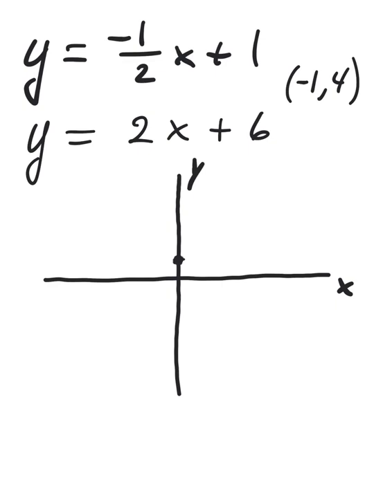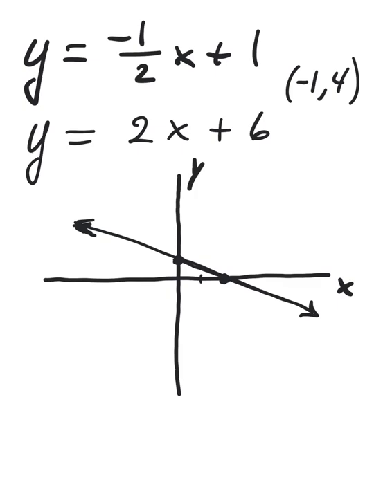The slope being negative 1/2 tells us we go down 1, right 2. That'll give us the slope of negative 1/2 with a y-intercept at positive 1. Now by hand sketching, you can get a pretty good look if you make your tick marks consistently spaced.